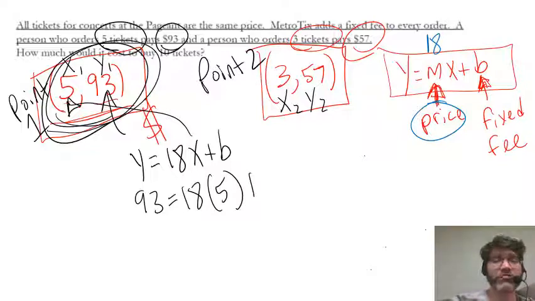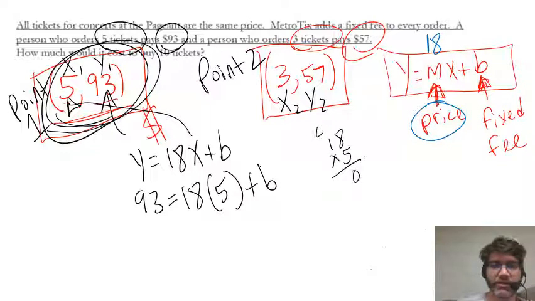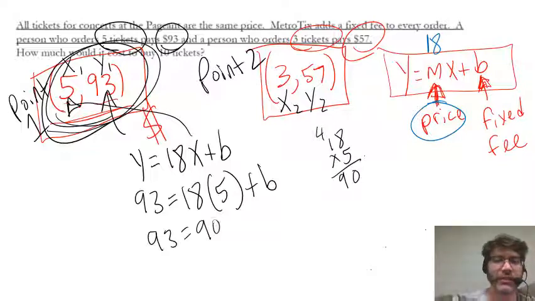I got all my numbers in there, except I don't know what b is, but that's okay. I can now solve the equation for b. So I need to figure out what 18 times 5 is. 18 times 5, that's 45, 90. Okay, so that's 93 equals 90 plus b.